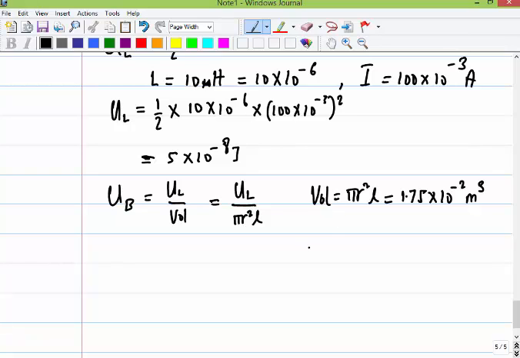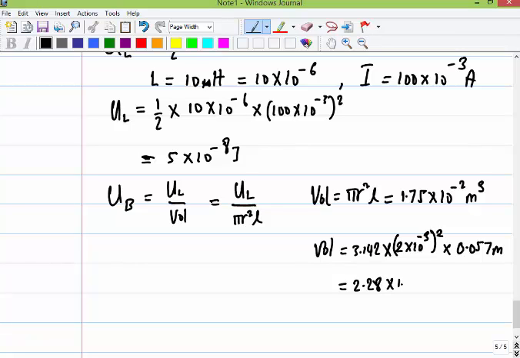So the volume should be 3.142 times the radius squared. The diameter is 4, so the radius is 2. So you should have 2 times 10 to negative 3, squared, and then times 5.7 centimeters, so 0.057 meters. That gives 2.28 times 10 to the negative 7, times pi.